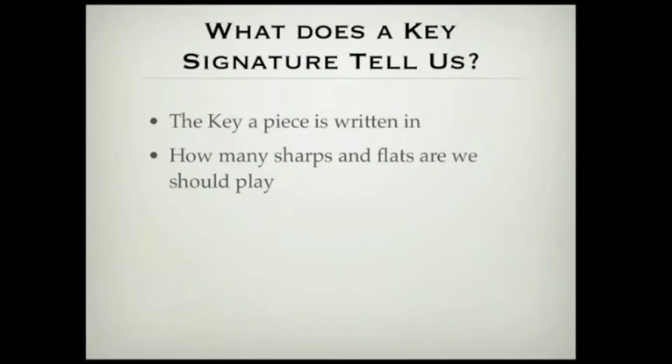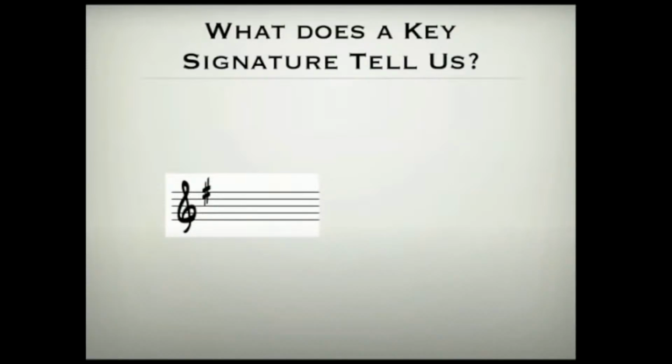The next screen will show us a visual example of what we were just talking about. This is a key signature, and the hashtag or the sharp symbol is on this line, which is what we just called it.